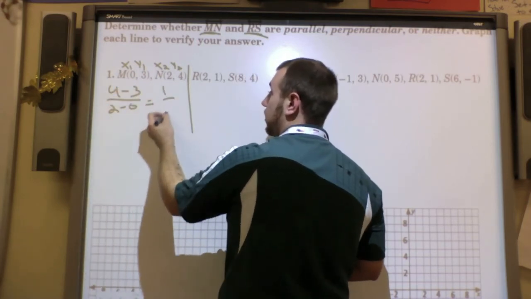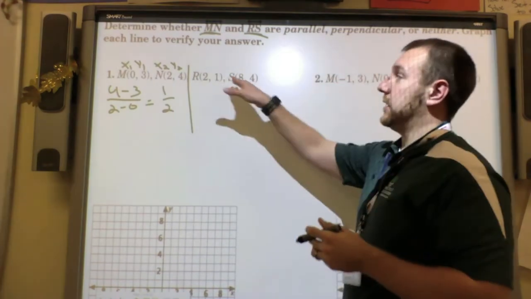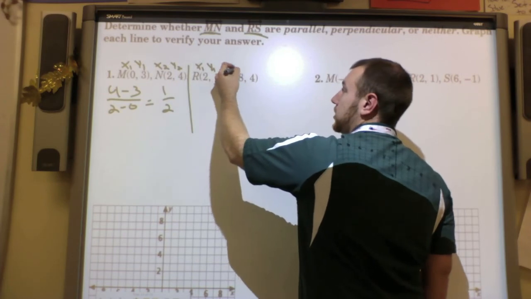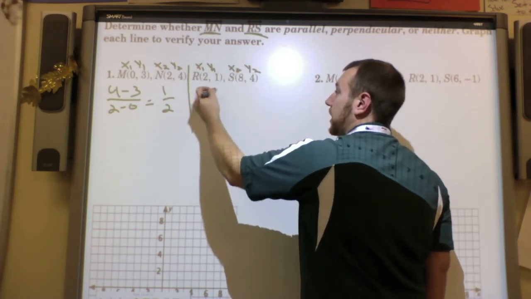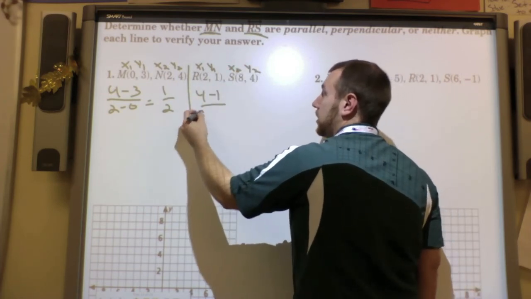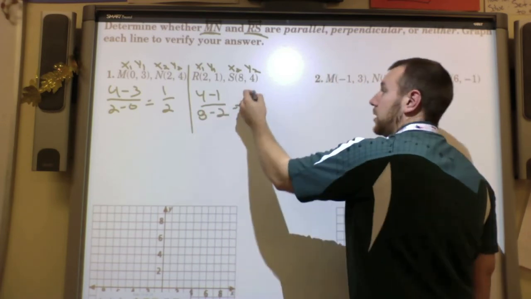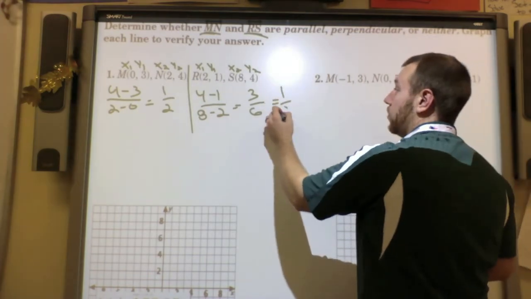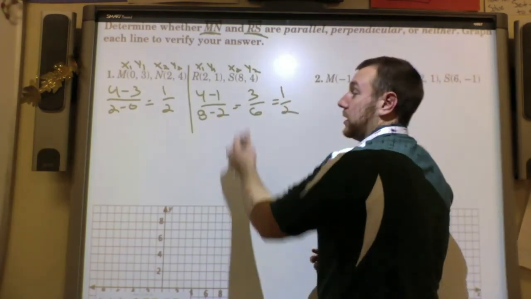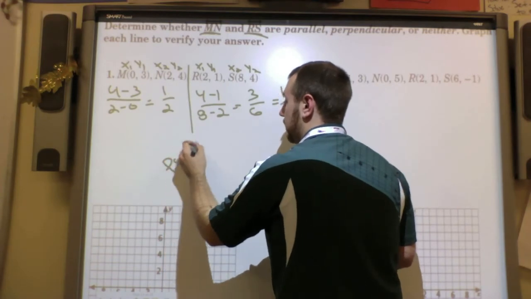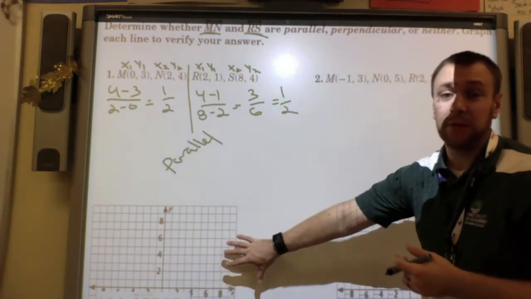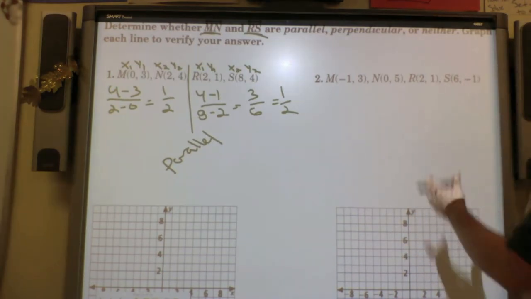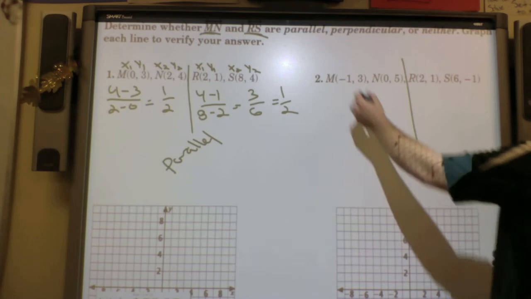This is 1 over 2. I do the same thing here. x1, y1, x2, y2. 4 minus 1 over 8 minus 2. 3 over 6. Well, 3 over 6 can be reduced down to 1/2. They're the same, so they're parallel. And I can graph those and verify that answer.